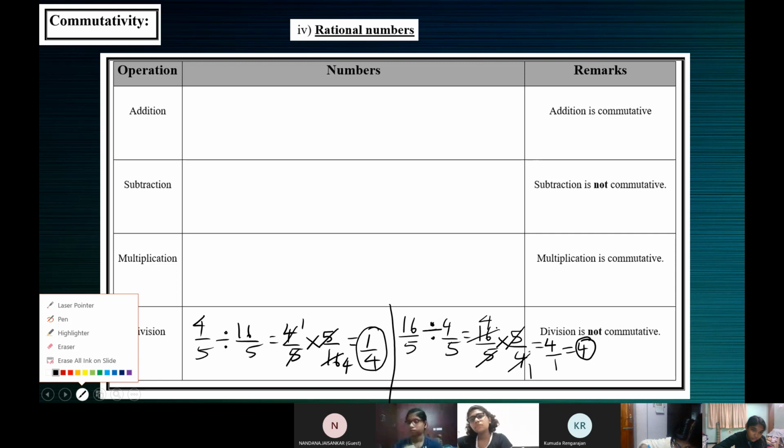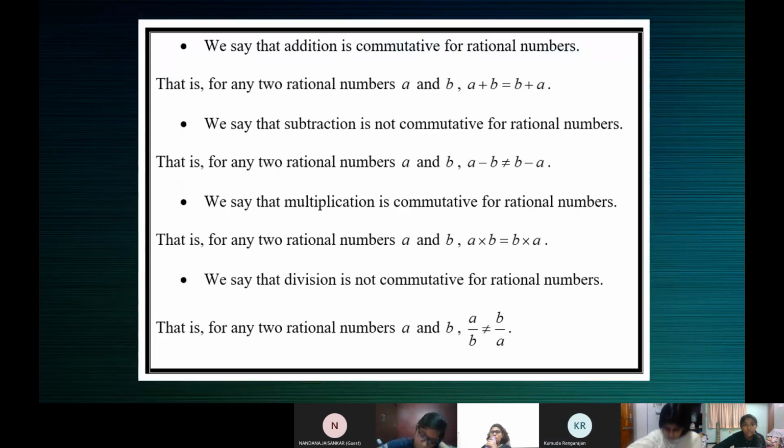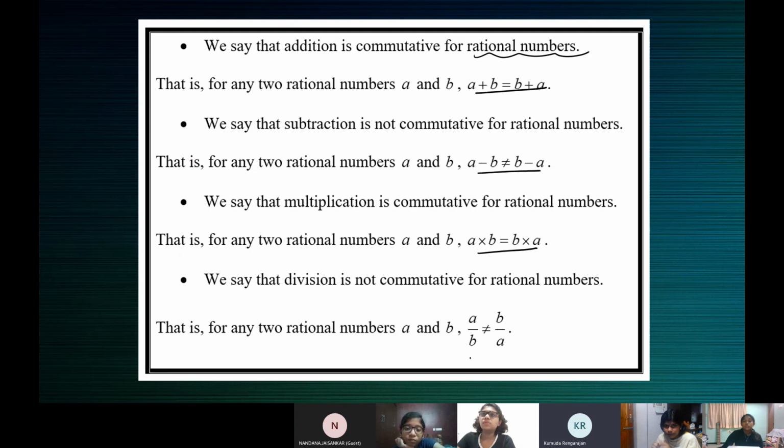So see, when we change the order, even if they are rational numbers, we get the same answer for addition and multiplication, but not for subtraction and division.